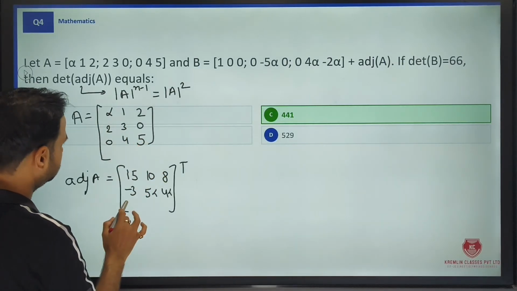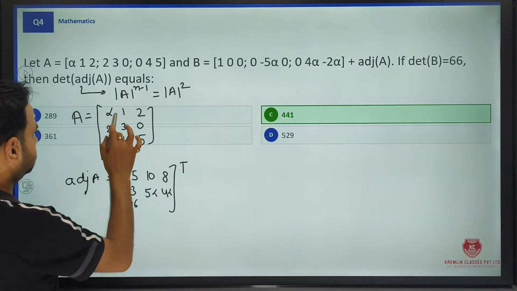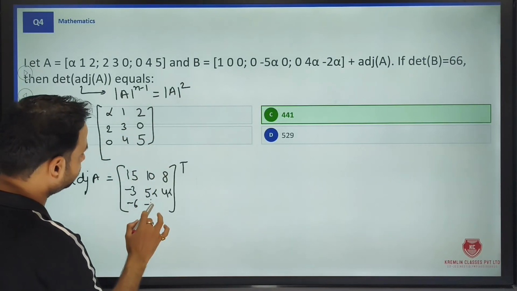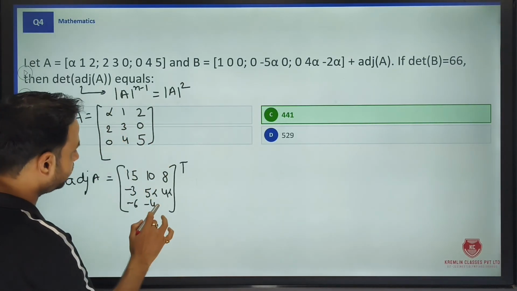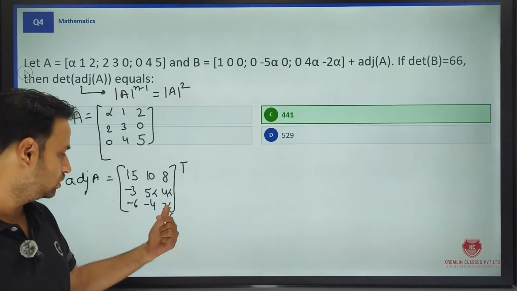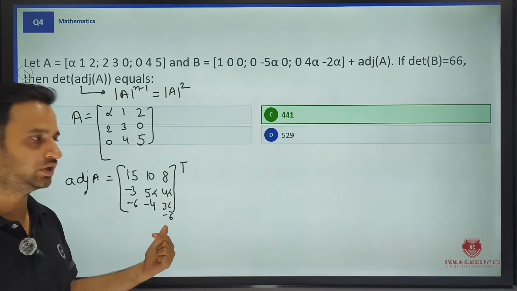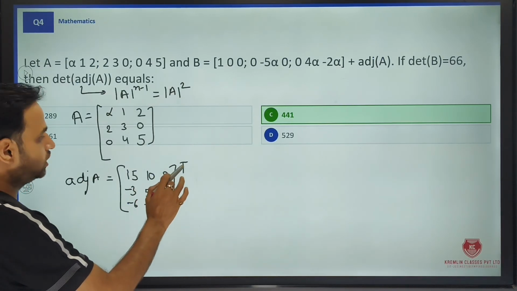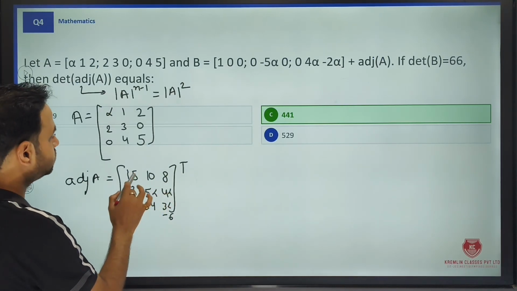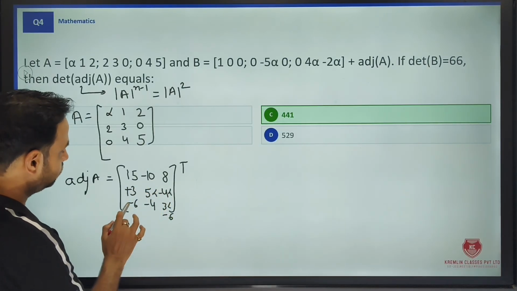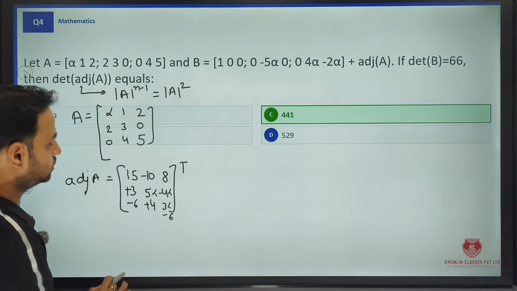When we see, this is minus 6, this is minus 4, 3 alpha minus 6. There was less space, so I have written it here. And we have to put the minus plus, that was minus 1 power i plus j, plus minus plus minus plus minus plus minus plus.